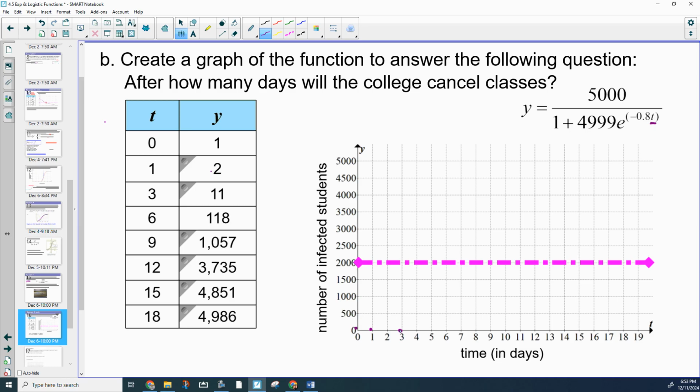So 9, we're just over the 1,000 mark. 12, we get almost to 4,000. 15, we're almost at 5,000.